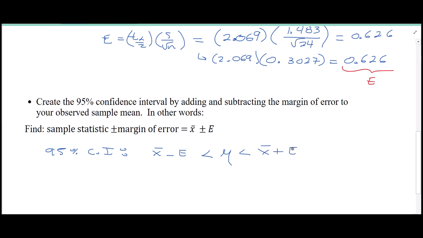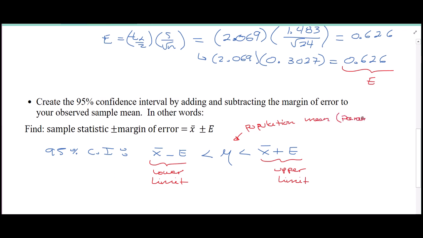Then x bar plus the margin of error is the upper limit. This is what we're trying to approximate, the population parameter. Remember, something about the population is called a parameter; something about a sample is called a statistic. So x bar here is our statistic.